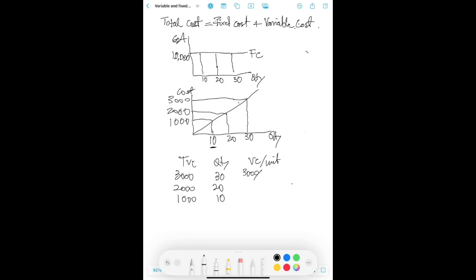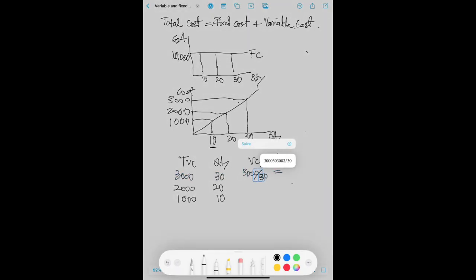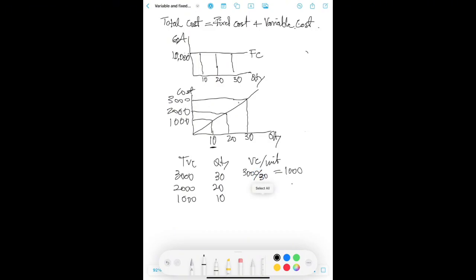So the cost for one will be 3,000 divided by 30, which gives me 100. 2,000 divided by 20 gives me 100 as the cost of each of these 20.